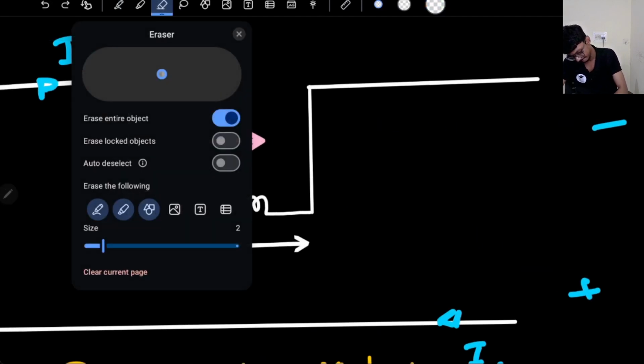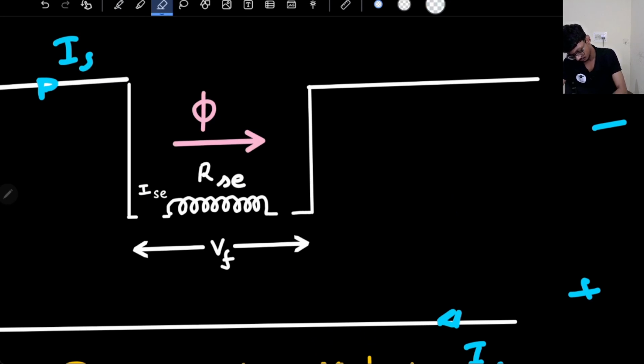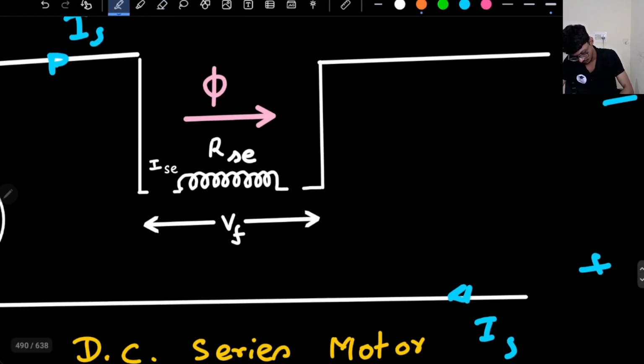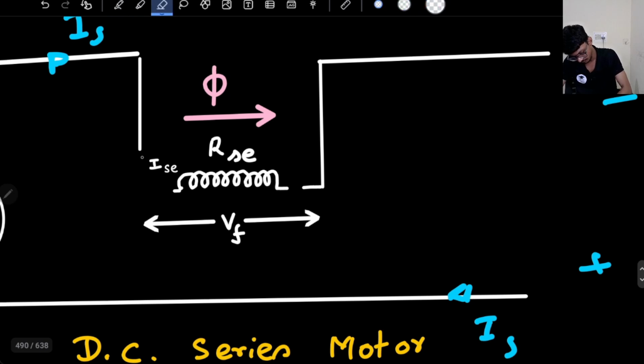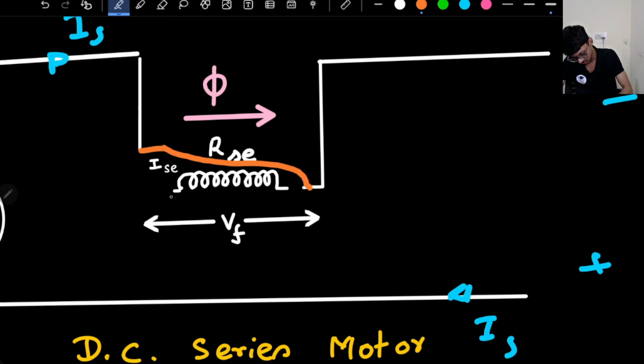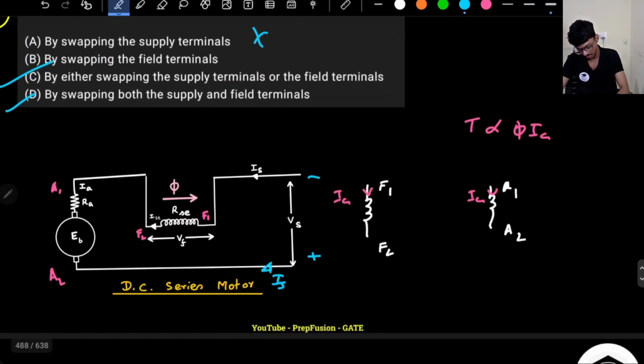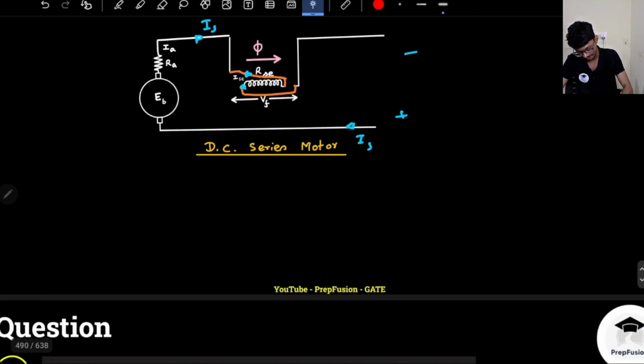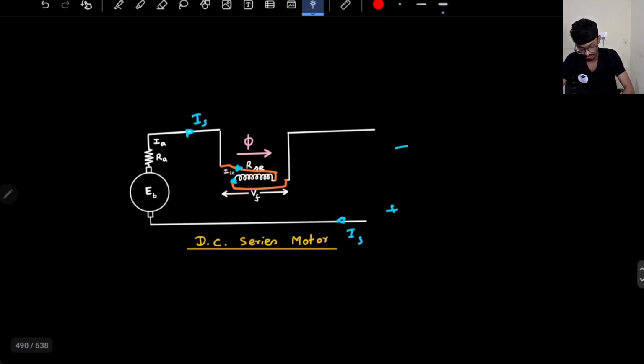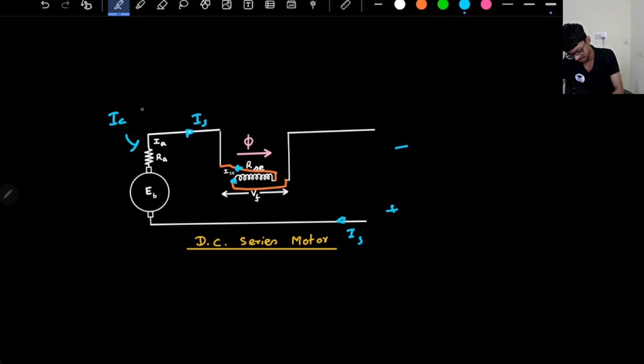So now this is swapped, and this will be connected here and this will be connected here. So IS will flow like this. Previously, in the first diagram as well, IS was in the same direction. Here also the IS is in the same direction. So IS direction does not get reversed, but the IA direction is reversed.